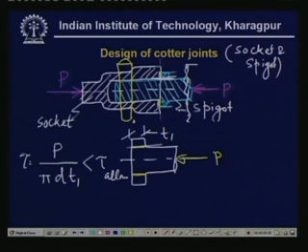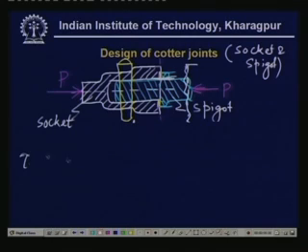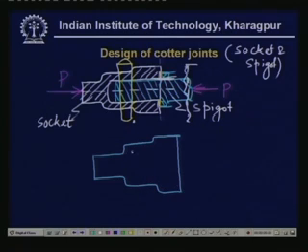Now, let us look at the situation of the socket. The analysis is very similar to that of the spigot. If we draw the socket part, so this is the socket, and we have a cotter passing through here.